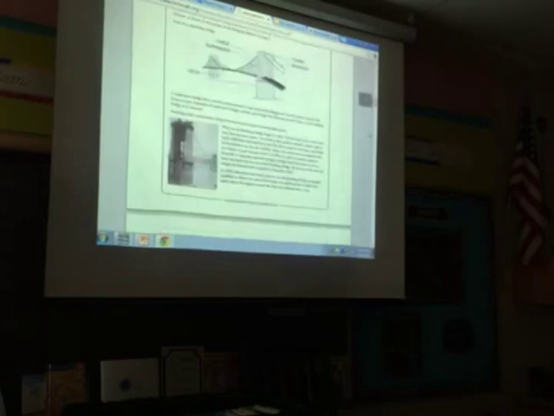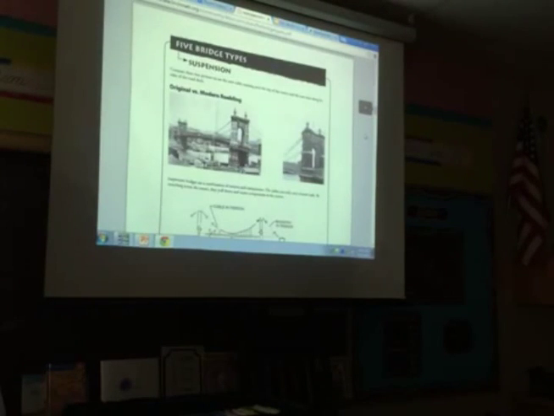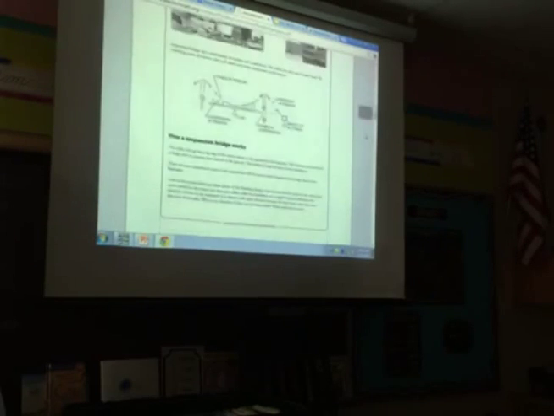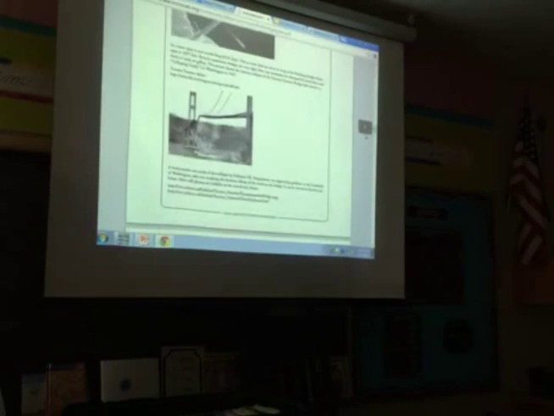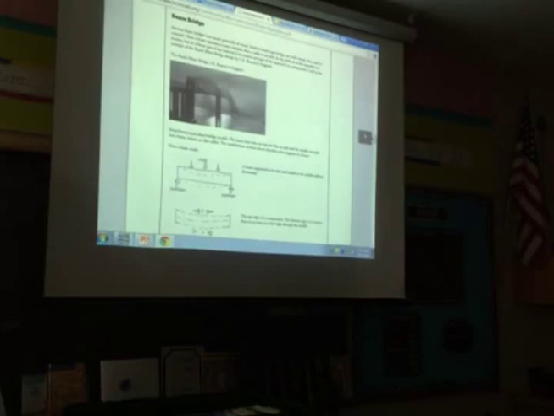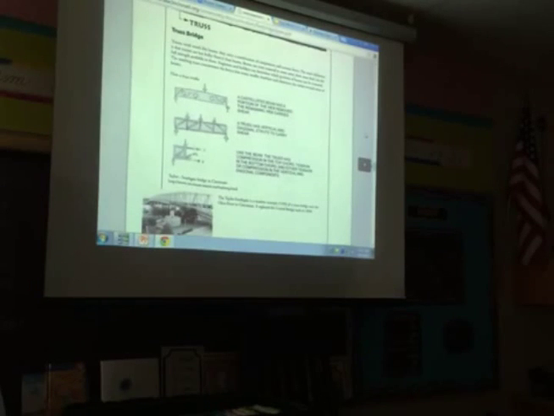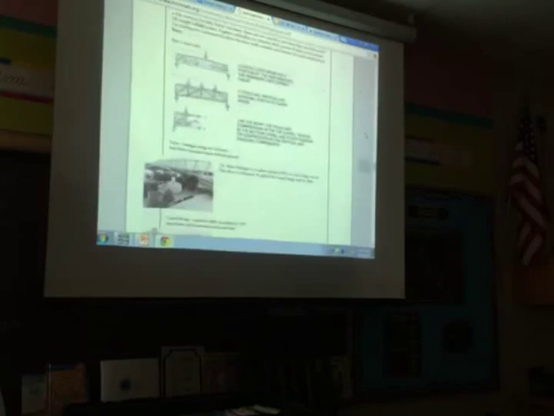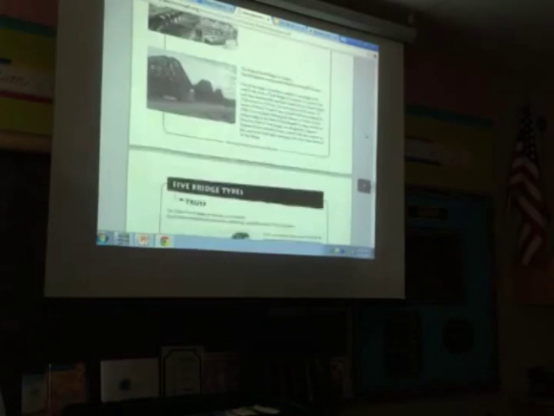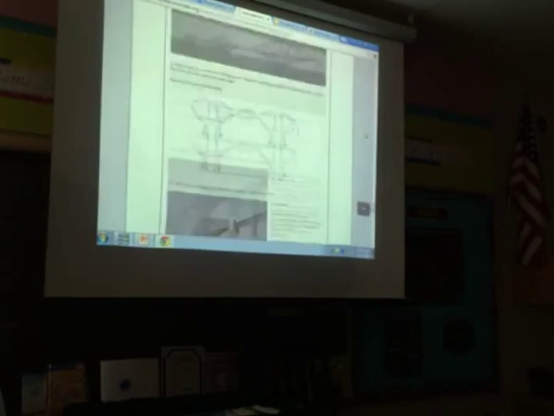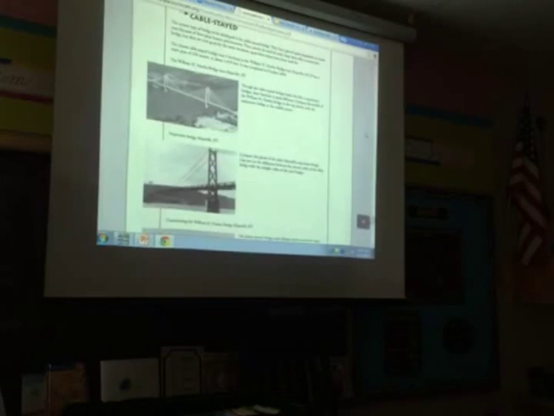And the next bridge, there's more suspension bridges held up by cables. The next one is called a beam bridge, a beam. And then the next one is called a truss. It has trusses or little triangles that help spread the force. And the last one is called a cable stayed. The cable stayed bridge is really kind of interesting. It's got all these cables on it.